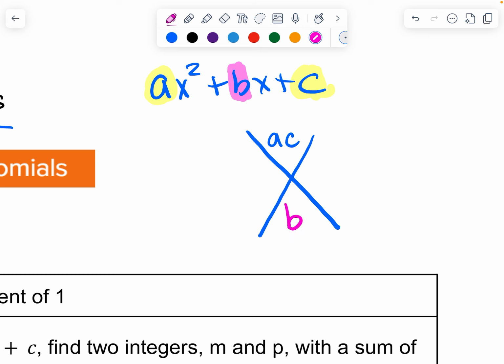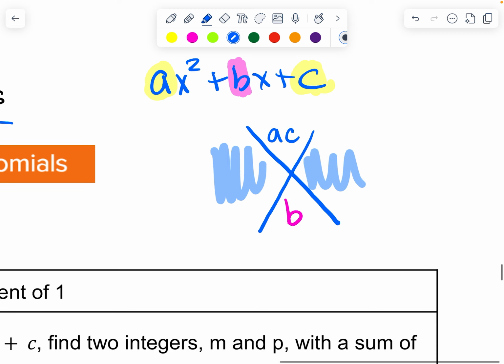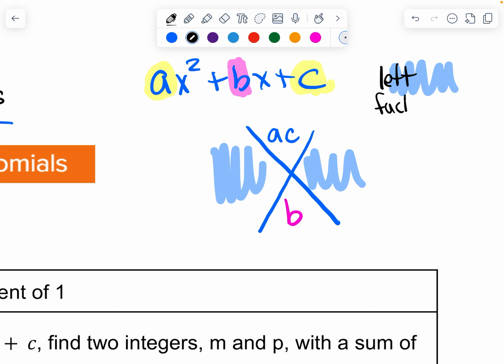So the two positions that are here, those two positions mean that when the left factor plus the right factor equal b.